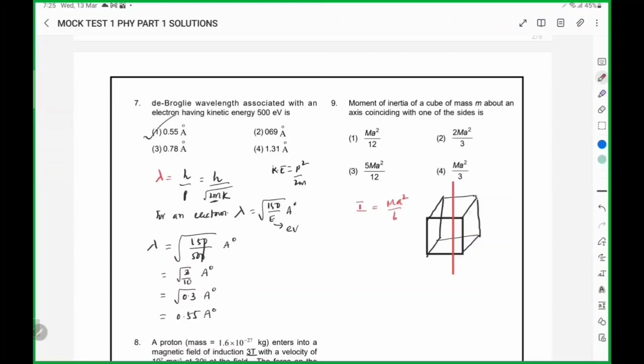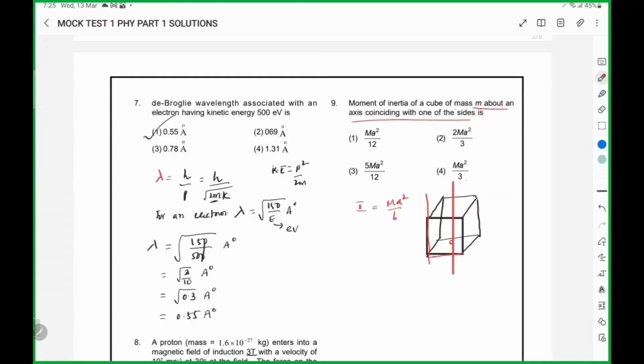But with the axis coinciding with one of the sides, moment of inertia of a cube of mass m about an axis coinciding with one of its sides. So this is one of the sides.